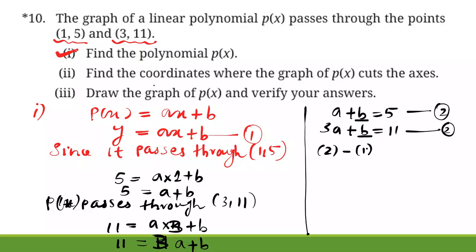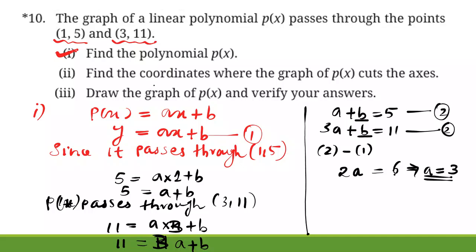When I subtract, b and b get cancelled. That's why I am using the elimination method. So 3a minus a gives you 2a, b minus b becomes 0, so that is 2a. 11 minus 5 gives you 6. So you will get a is equal to 6 by 2, which is equal to 3.